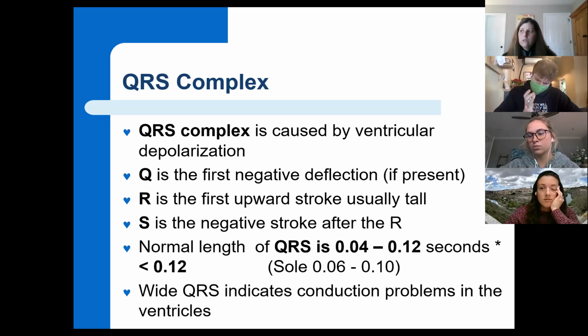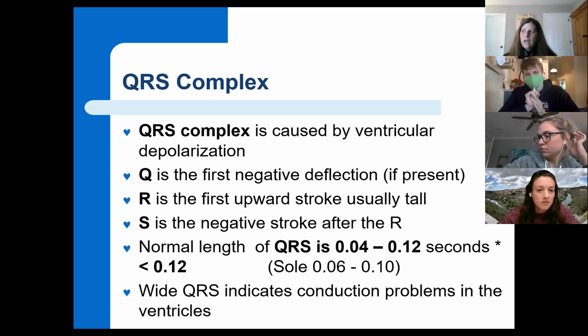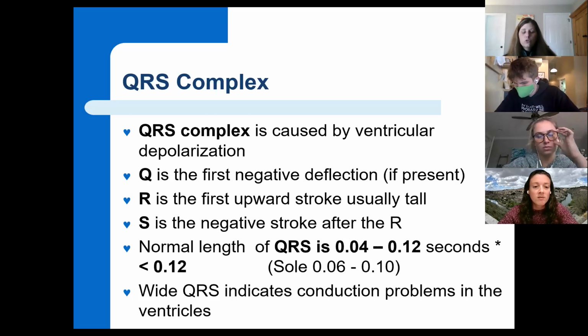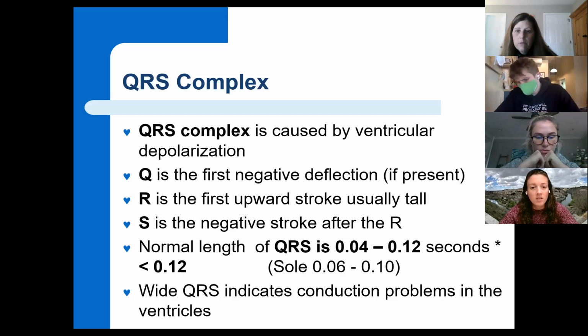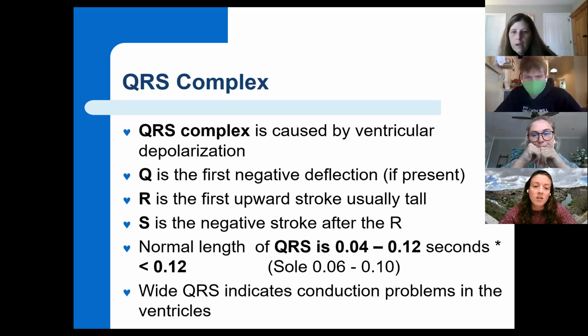The QRS really is a spread of electrical impulses through the ventricles, and it's the sum of the ventricular muscle cell depolarization, and that's what triggers the contraction of the ventricular tissue, and then the QRS begins. Okay, I need to say that again. Yeah, can you repeat that? Yep, I sure will.